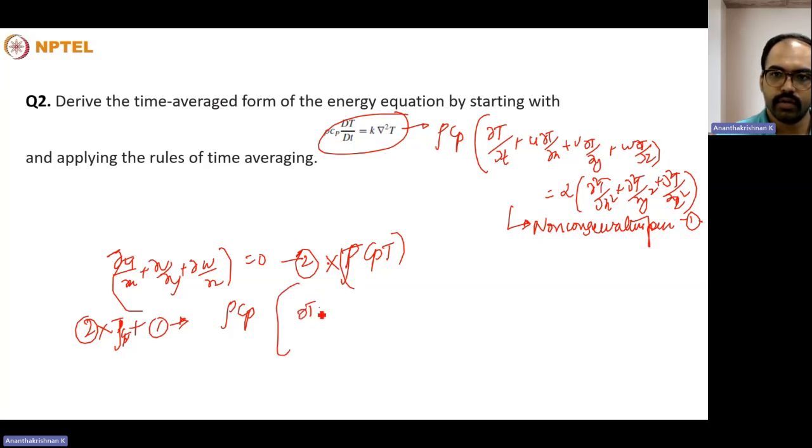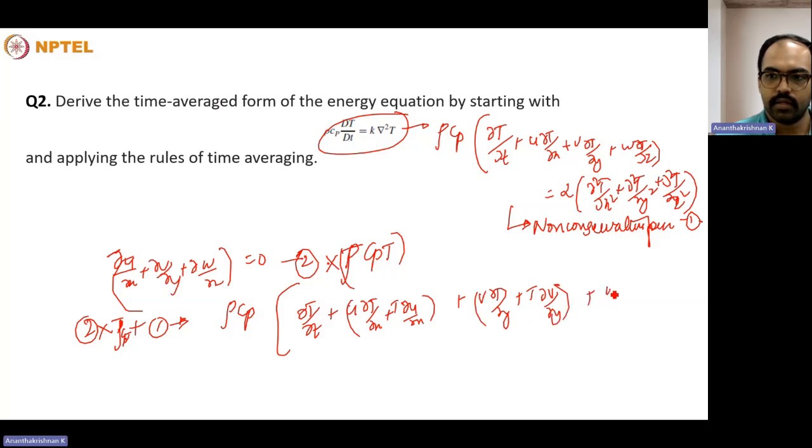So it will be ∂T/∂t plus u ∂T/∂x plus T ∂u/∂x, similarly v ∂T/∂y plus T ∂v/∂y, plus w ∂T/∂z plus T ∂w/∂z, equal to the right hand side.